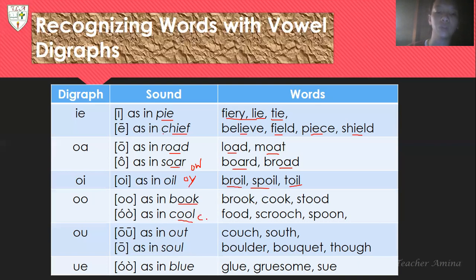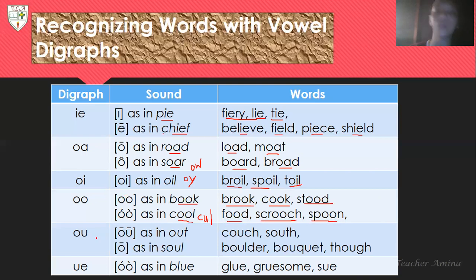Cool has the long oo sound. Some examples: brook, cook, and stood for book. And for cool, we have food, scrooge, and spoon.